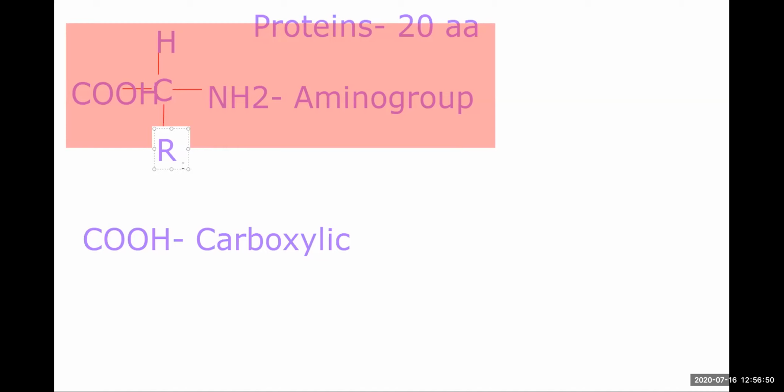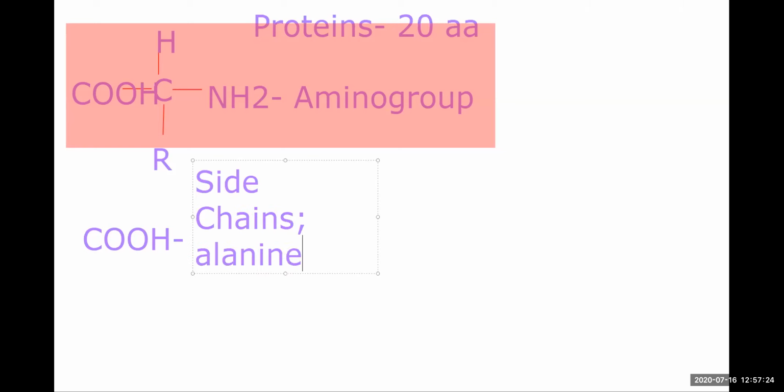What does R refer to? R refers to side chains. So the 20 different amino acids differ from each other by R, which is referred to as the side chain.